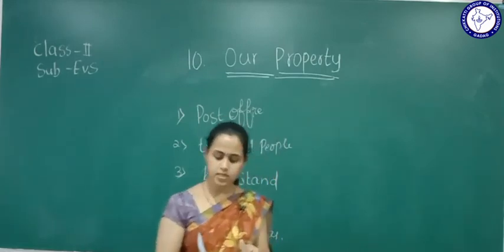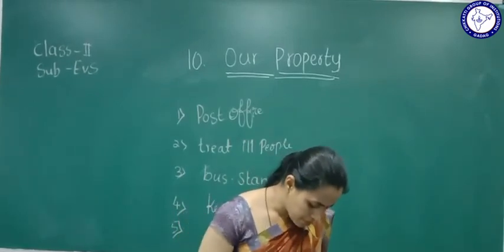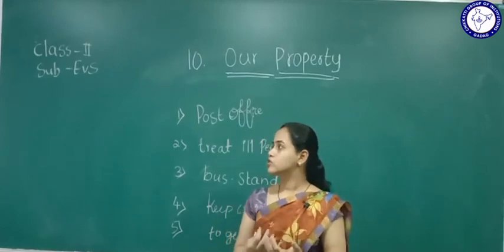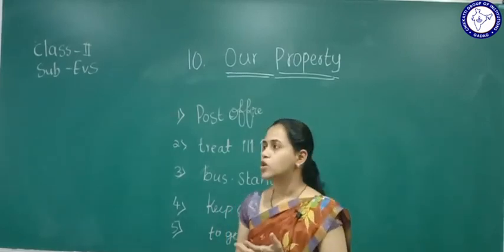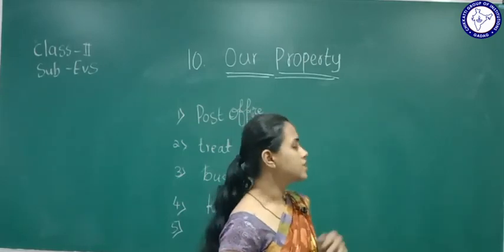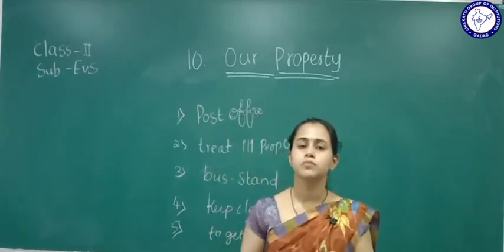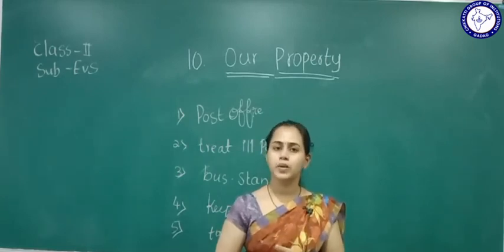So this is about today's lesson, our property, right? The government has provided many things for the public, right? Whether it's a post office, a hospital, taps, lights, parks, and many things, right? So we can use them, but we should use them in a proper way, right?